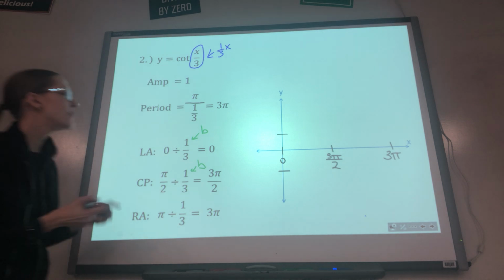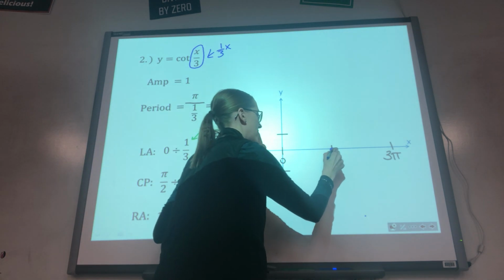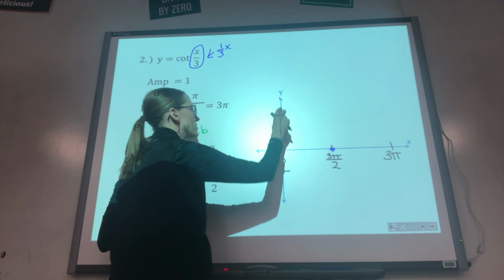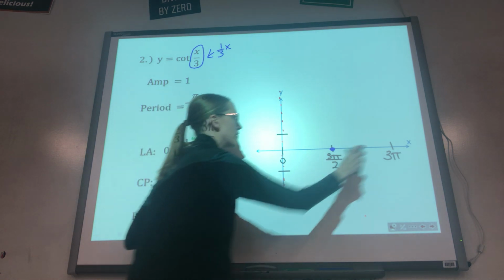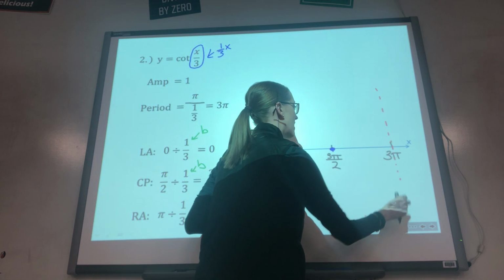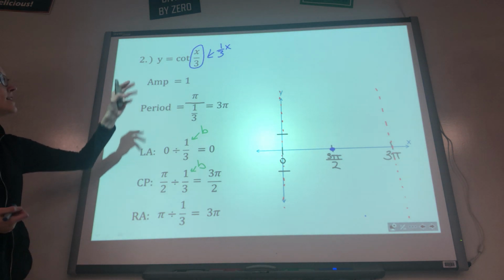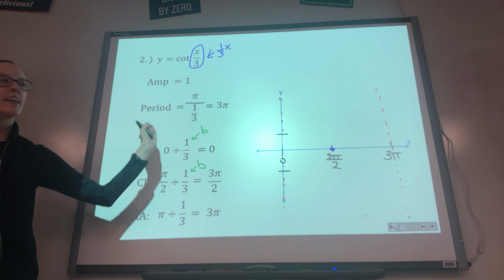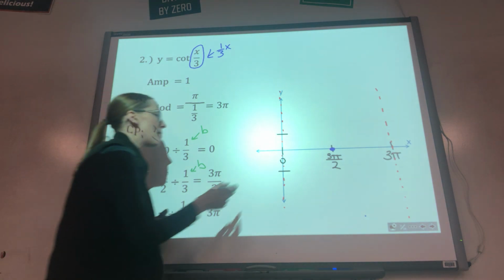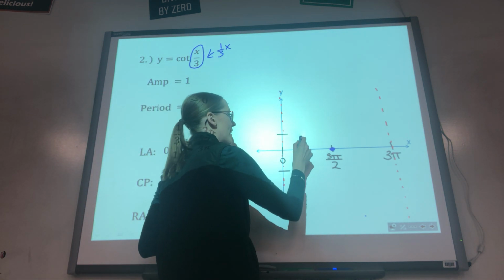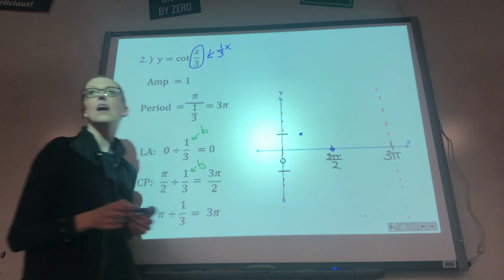But remember, this is cotangent. I better put my asymptotes there before I forget. There we go. Now, cotangent starts up and then goes down. So about halfway between right here, I'm going to go up to positive 1.